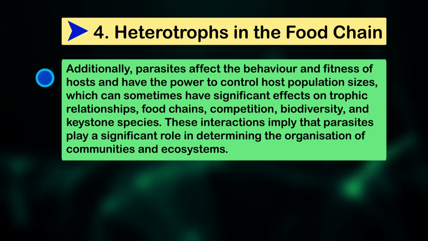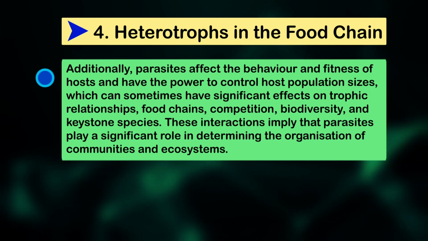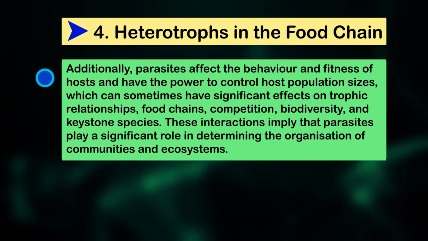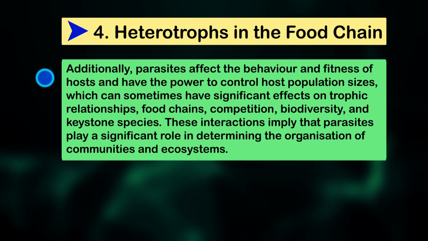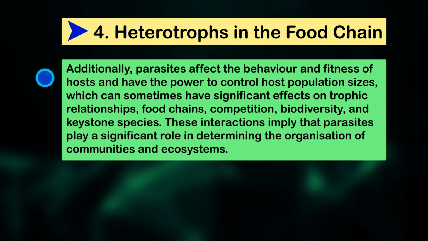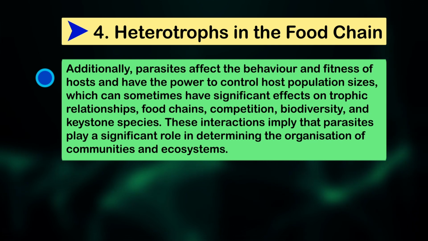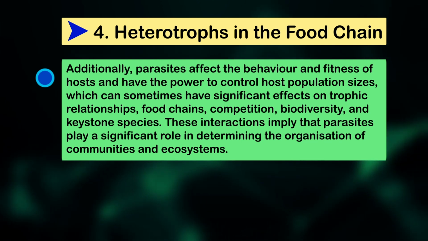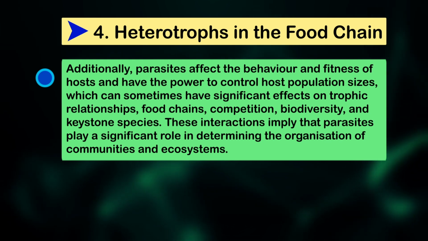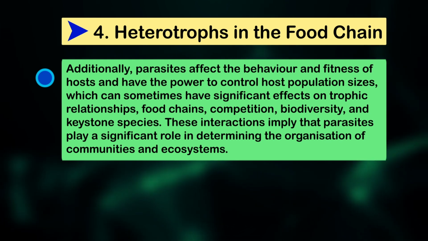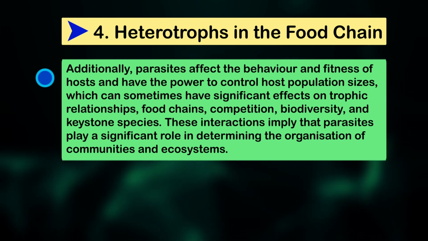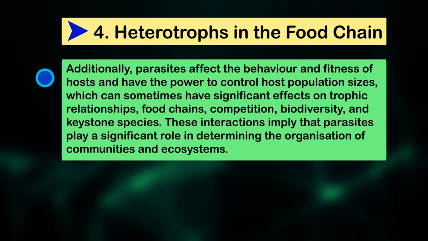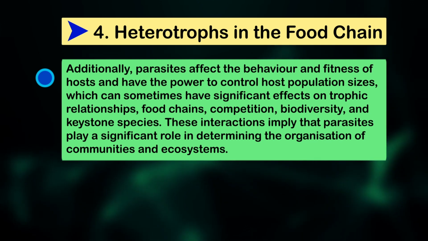Additionally, parasites affect the behavior and fitness of the host and have the power to control host population sizes, which can sometimes have significant effects on trophic relationships, food chains, competition, biodiversity and keystone species. These interactions imply that parasites play a significant role in determining the organization of communities and ecosystems.